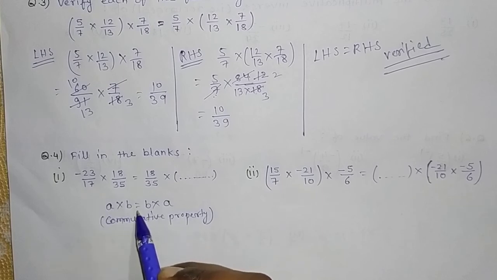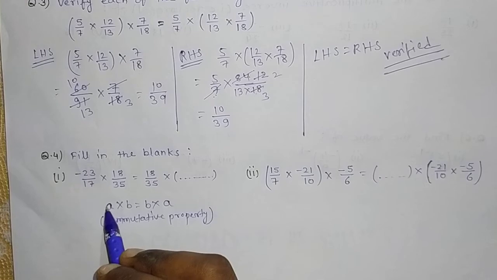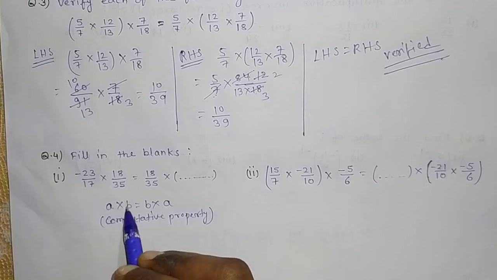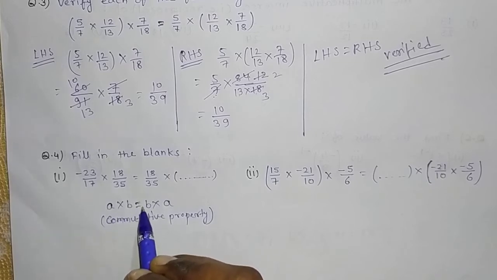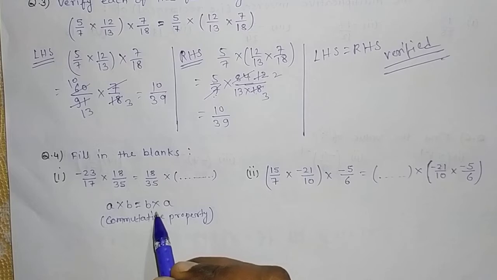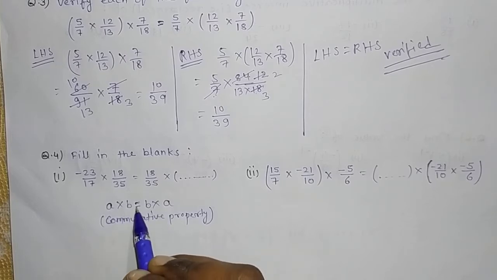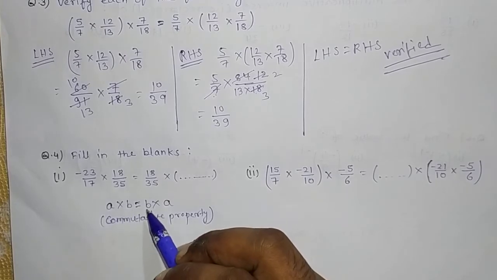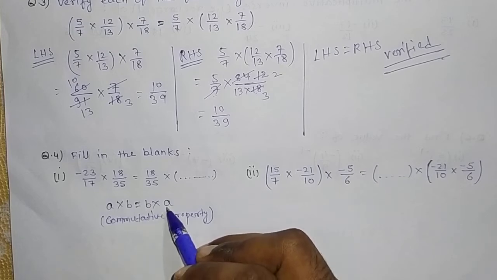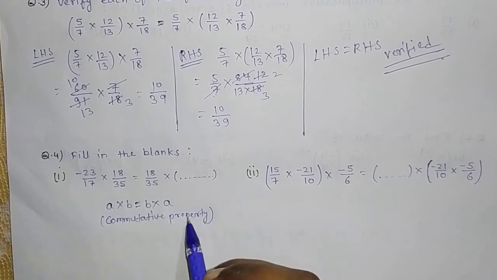Now first of all we are going to discuss what is commutative property. Here A is a rational number multiplied by B is a second rational number. If A into B equals to B into A. Now if you multiply A into B, this equals to multiply by B by A. So this is the commutative property.